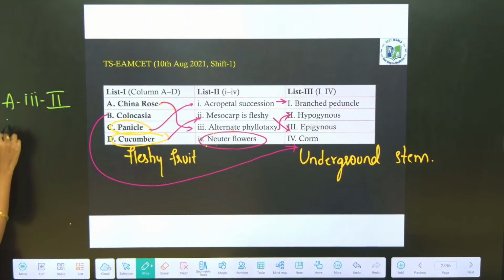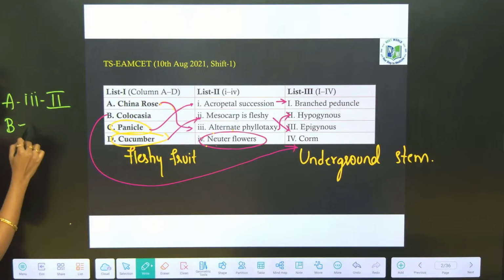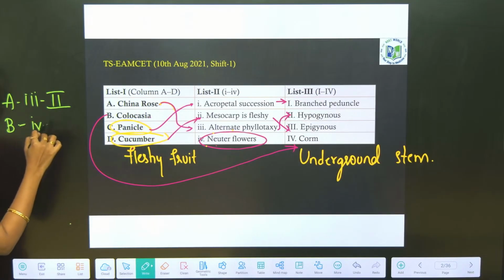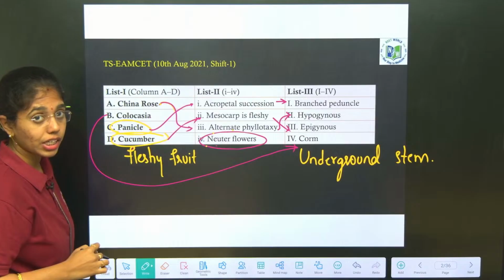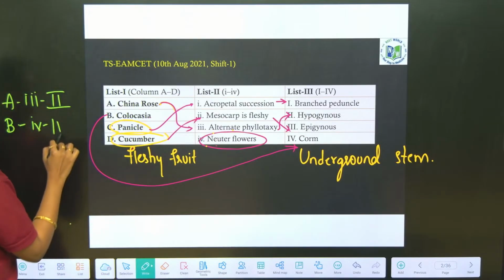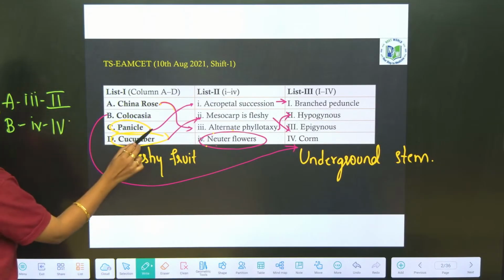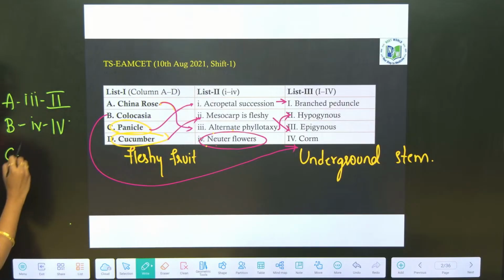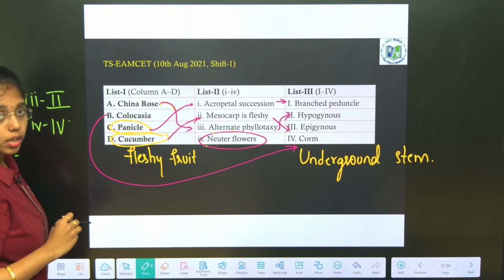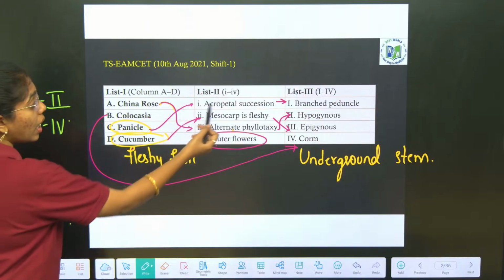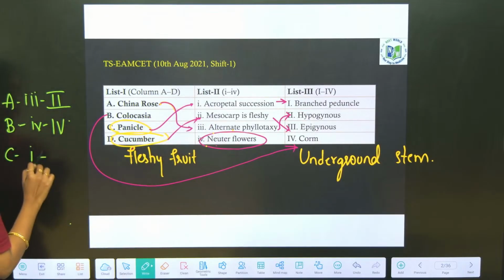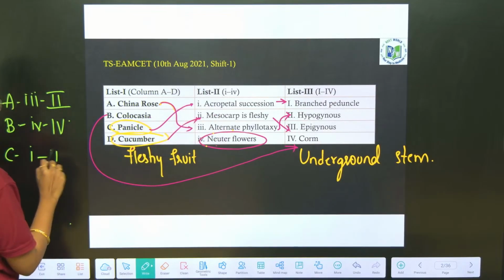And next, Colocasia has neuter flowers, that is option 4, and it has underground stem modification, that is corm, which is 4 again. Next, panicle has branched racemose inflorescence where flowers are arranged in acropetal succession, and it has branched peduncle.